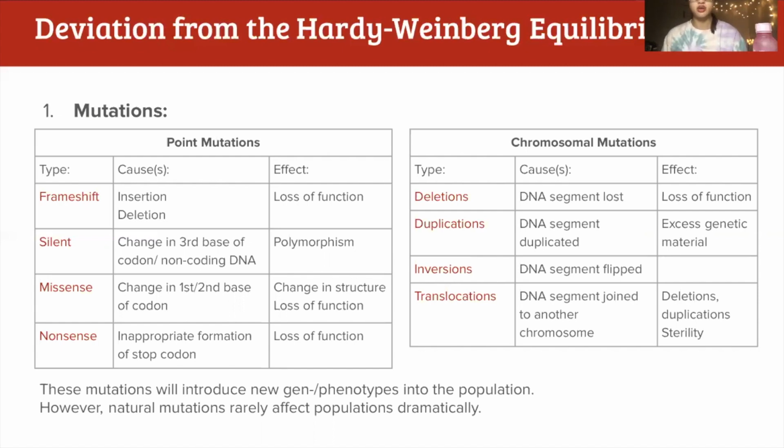Okay, so that's kind of what it means by a frame shift mutation. And as you may have been able to see, when you have a frame shift mutation, this shifts the reading frame for every single codon following that point where there was an insertion or a deletion.